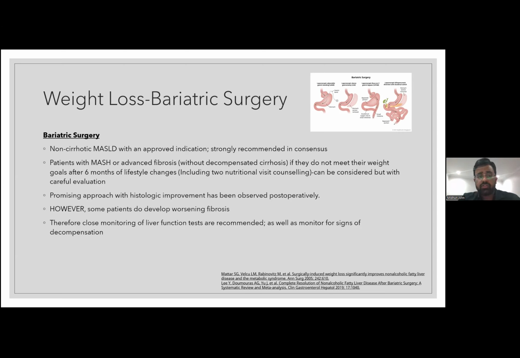With bariatric surgery, there has been a promising improvement in histology in patients who have undergone it. However, strangely enough, there are some patients who do develop worsening fibrosis. However, it was few. Therefore, close monitoring of liver function tests post-bariatric surgery is very important, and we need to monitor for signs of decompensation.